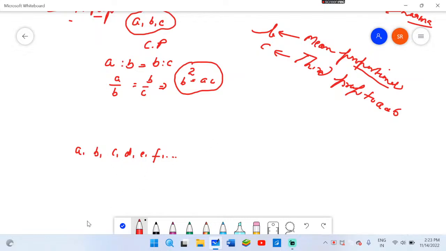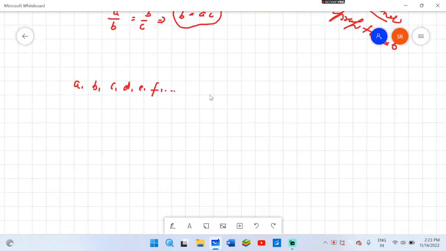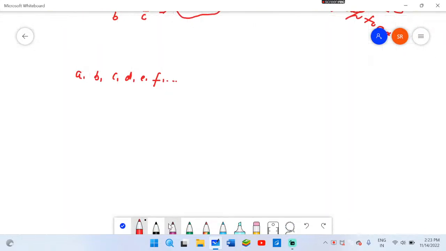Then these will be in continued proportion if A upon B is equal to B upon C is equal to C upon D is equal to D upon E is equal to E upon F, and so onwards. So these points must be kept in mind. So let us take a few problems now.